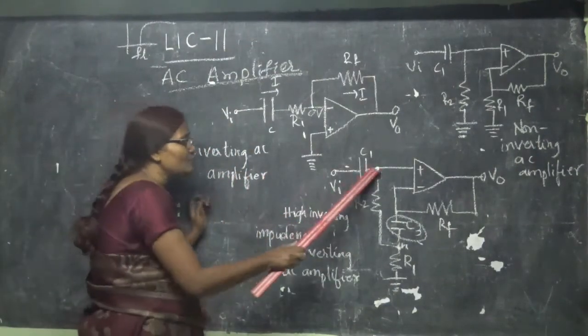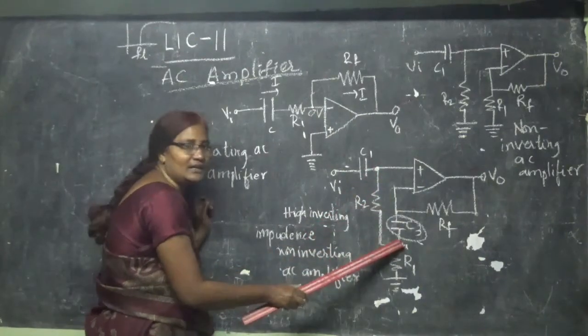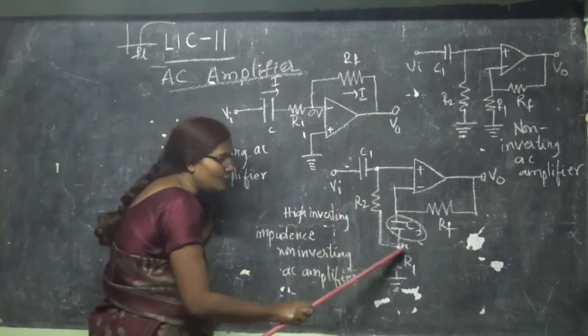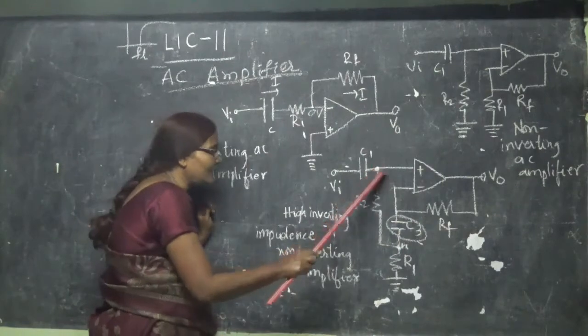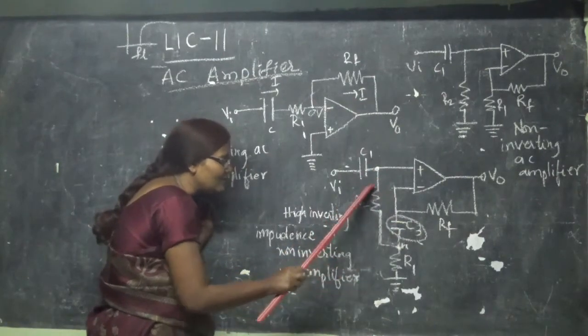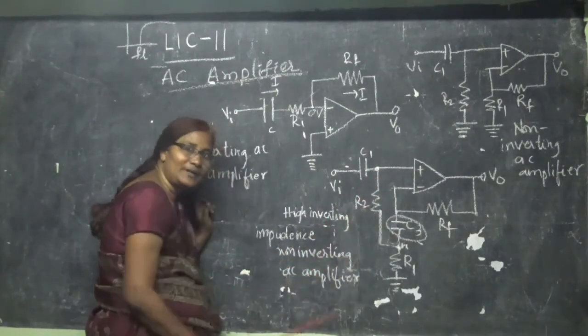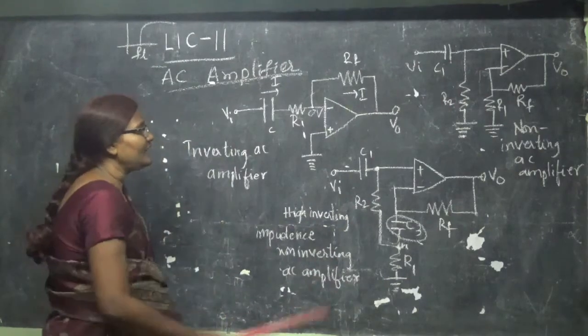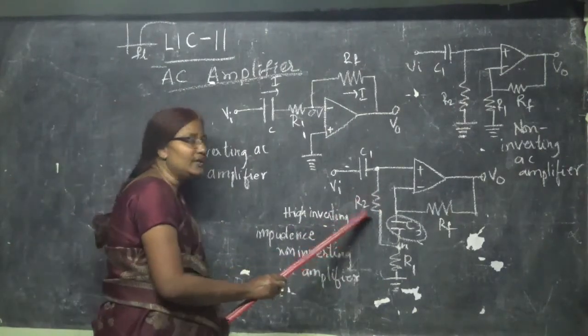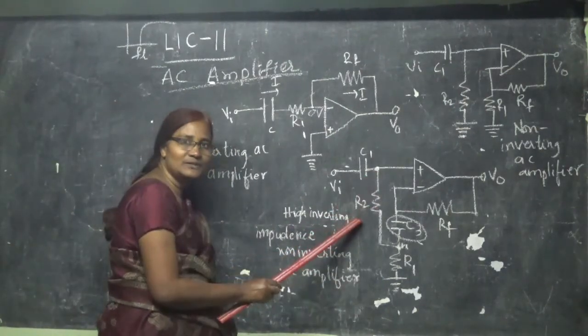If these two are at the same potential, then no current will flow through this. If no current is flowing through this, it acts as an open circuit. So if it acts as an open circuit, input impedance will be large.